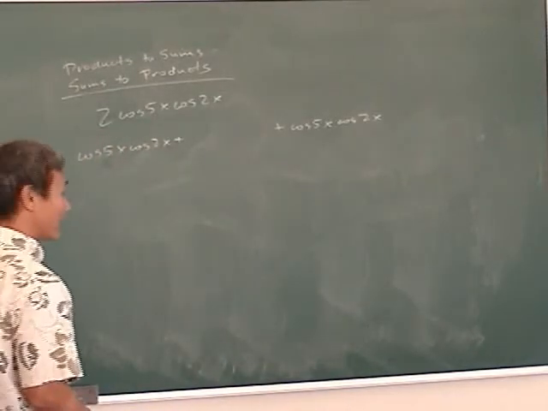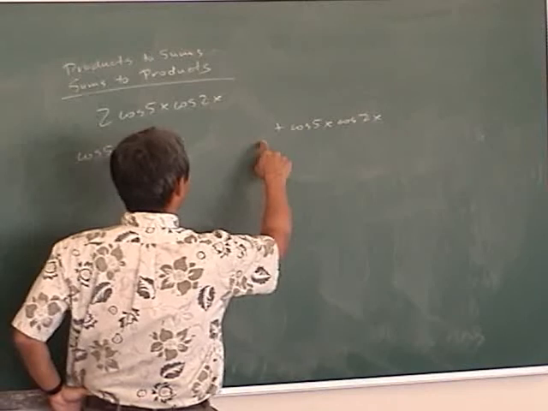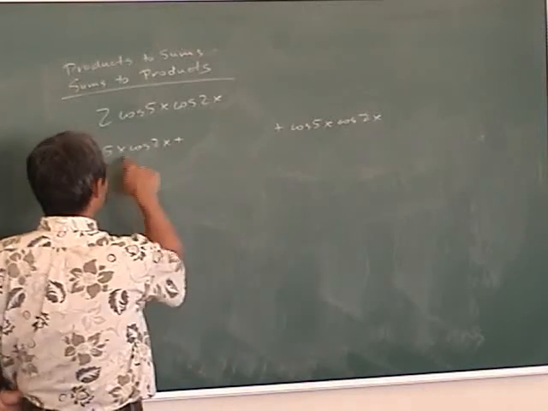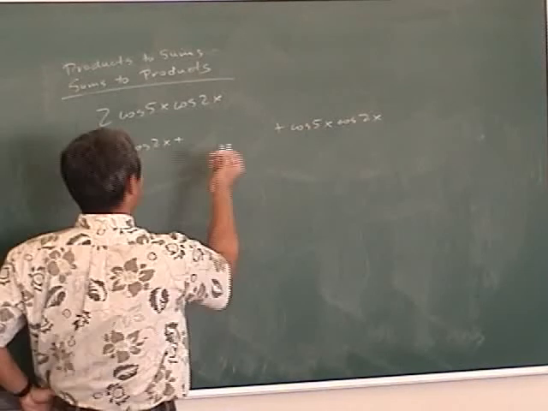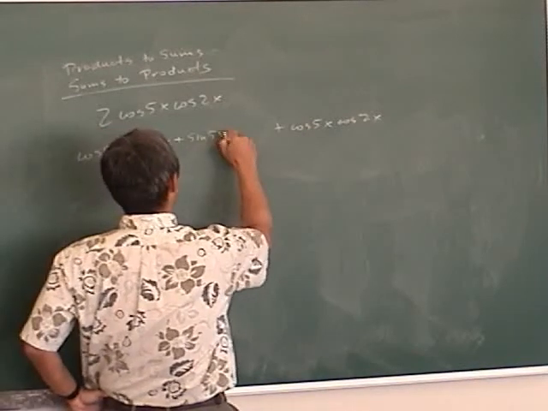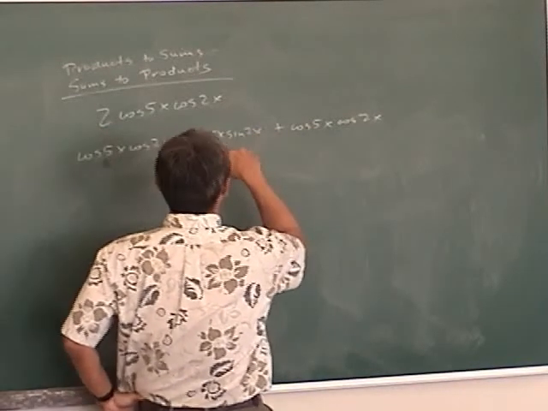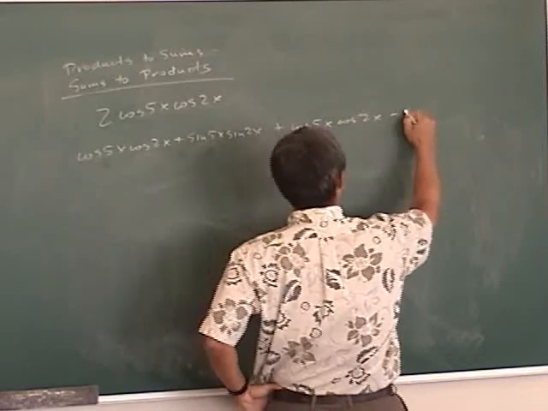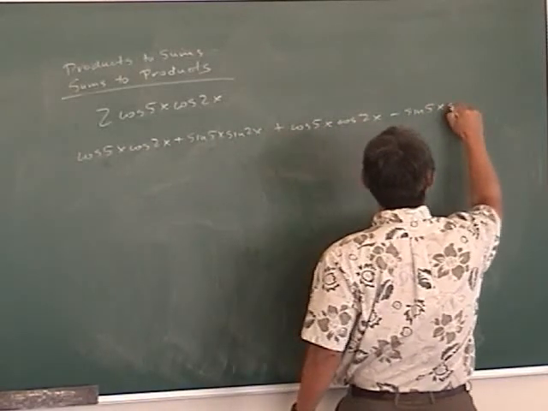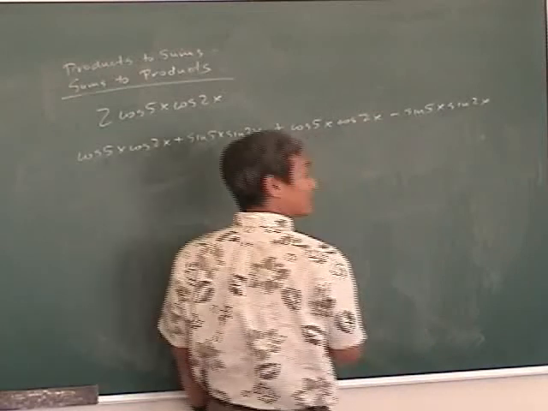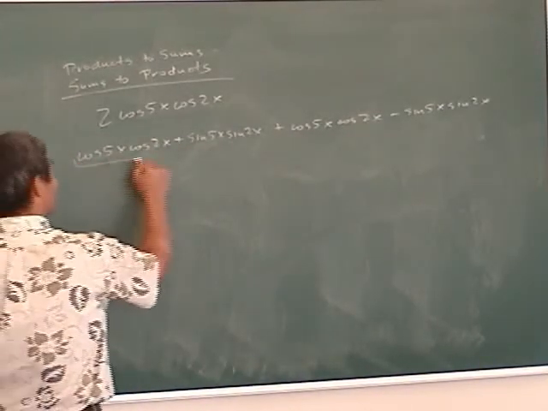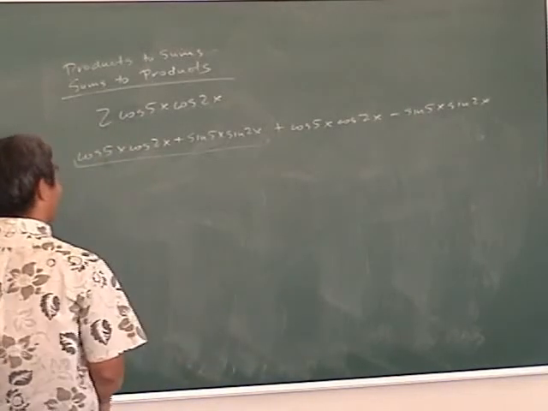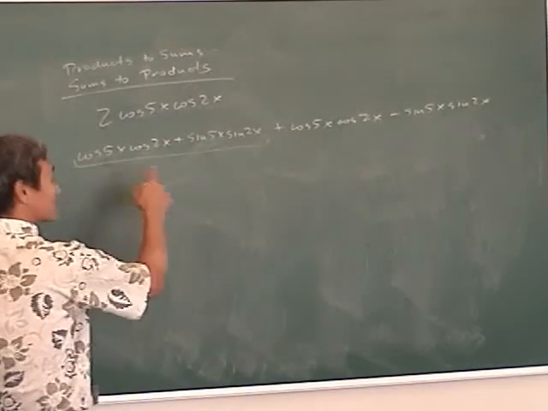Okay, now this is where you got to think. What do I have to add right here to make an identity? Like right now I have cosine, cosine. What do I have to add right there to make an identity? Sine, sine, right? So you add sine 5x, sine 2x. But of course, if you add that over there, you got to subtract it over here, right? To keep it the same as the original. It's kind of like completing the square, except not. So you look at the first 2 terms. Cosine, cosine, sine, sine.